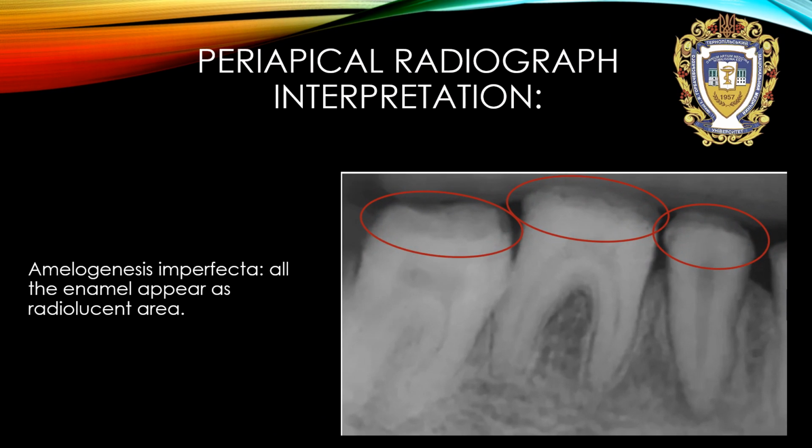Amelogenesis imperfecta: all the enamel appears as a radiolucent area. Moreover, a wrong shape of crown parts, not typical shape of crowns.